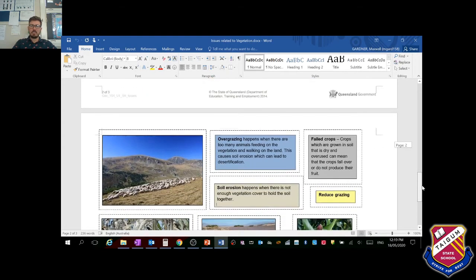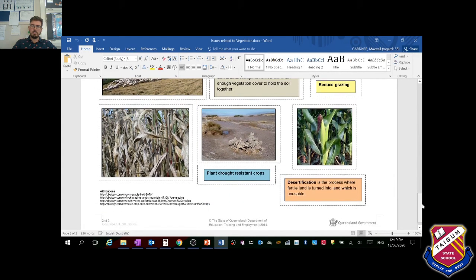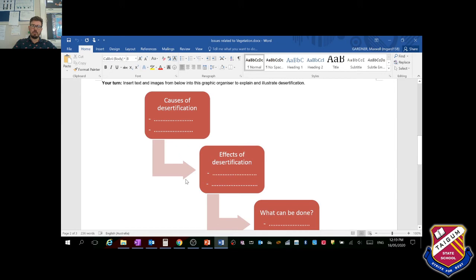Now the effects are soil erosion. So when these things occur, the soil then erodes. Desertification is the other effect. So I'm going to put those two around here, maybe in this space.